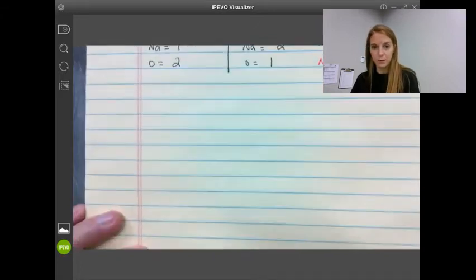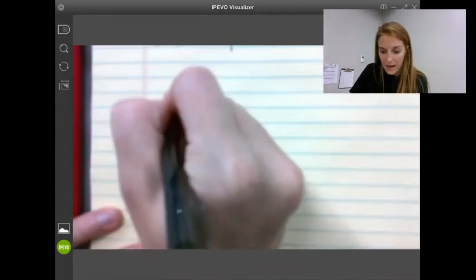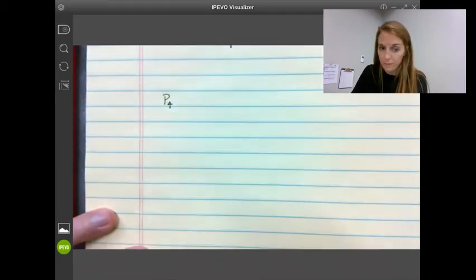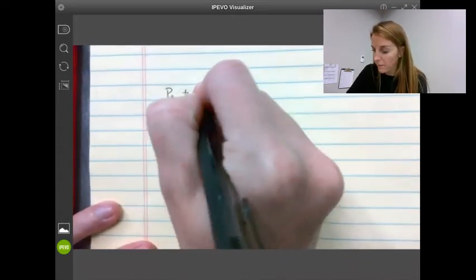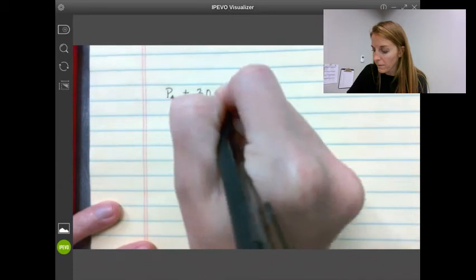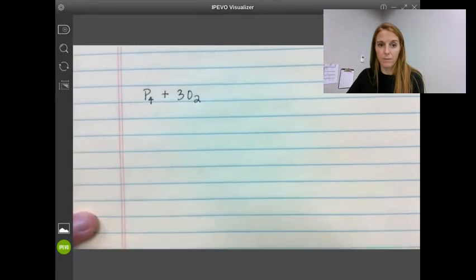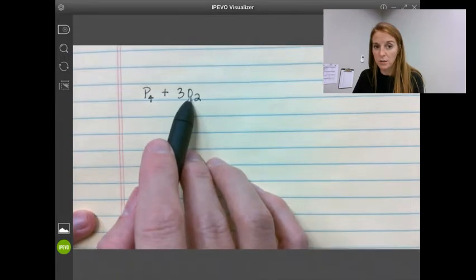So I'm going to do another one. I'm going to move this up. And here's our next one. I have, let's do P4, so that's phosphorus. Plus 3 O2, so that's 3 oxygens.